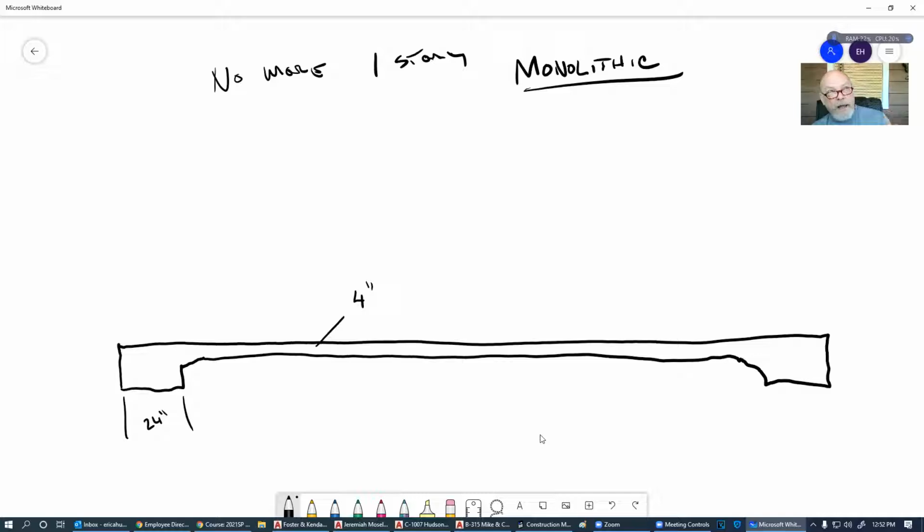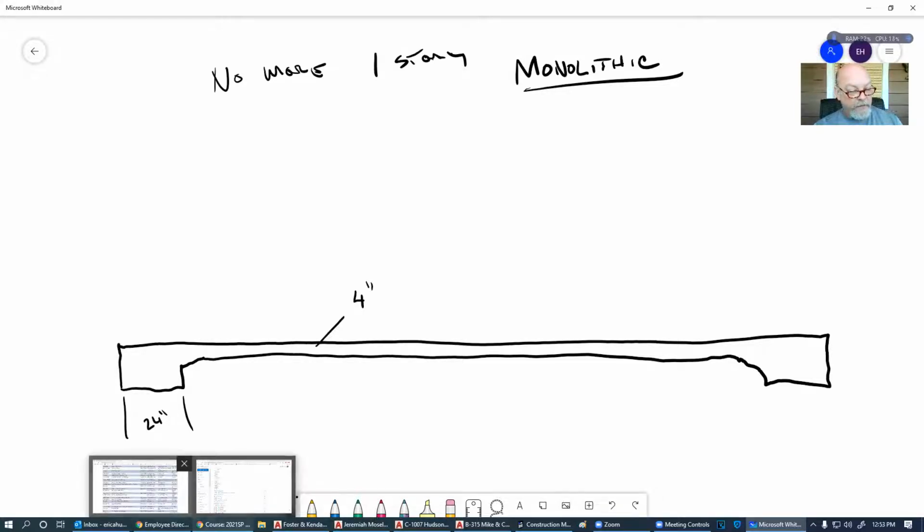Now, 4 inches for a house, 6, 8, 10. How about trying 12 feet deep, 12 feet thick? There is a wind turbine nacelle testing site in, I can't think today, Charleston, South Carolina. And this thing is enormous.